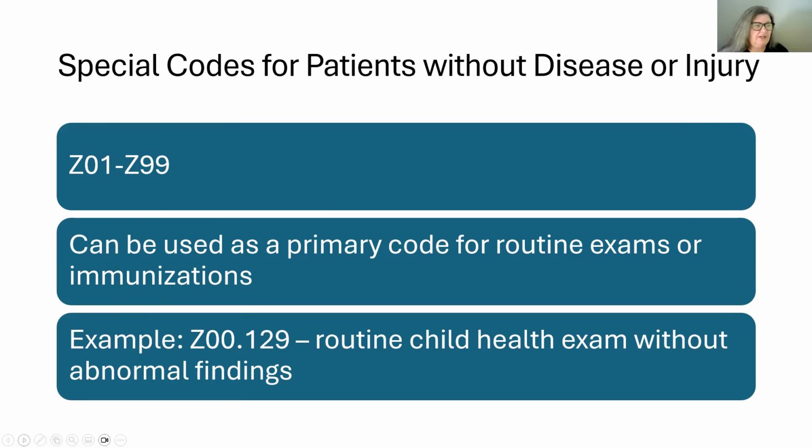So patients just coming in for their, depending on their age, monthly, yearly, whatever exam, well child exam, as they always call them. And there's nothing else wrong with them. They haven't found anything wrong with them. You would use the Z00.129 along with the CPT code to explain why the patient was being seen.